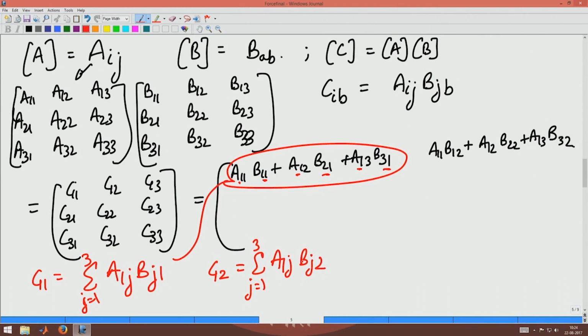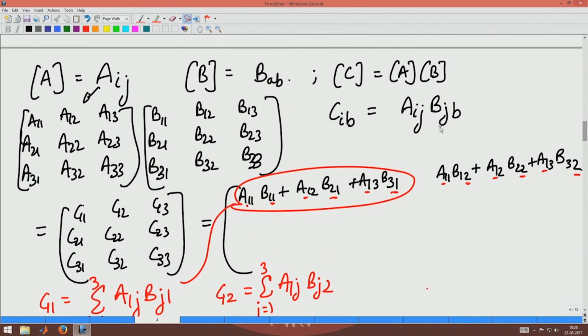The 1 and 2 here corresponds to 1 and 2 there, and then j has to be summed from 1 to 3, which it has been. So, you see that this is the short form notation of doing a matrix multiplication. I can write it succinctly as Aij Bjb.